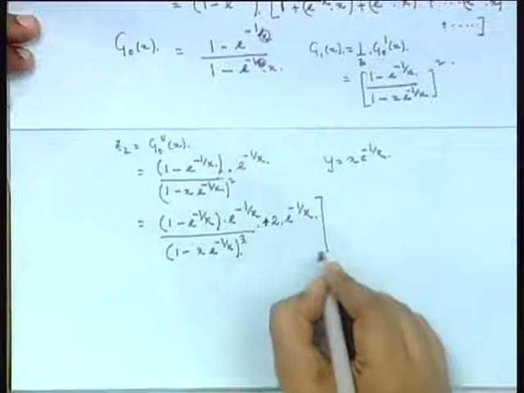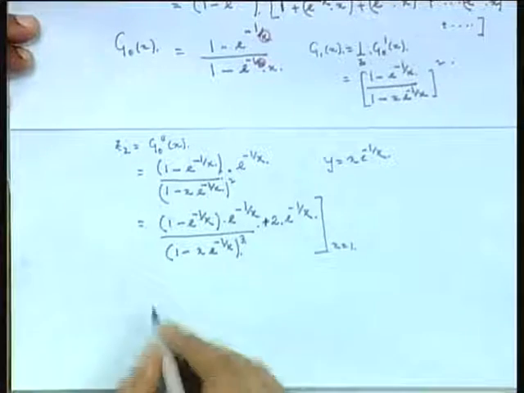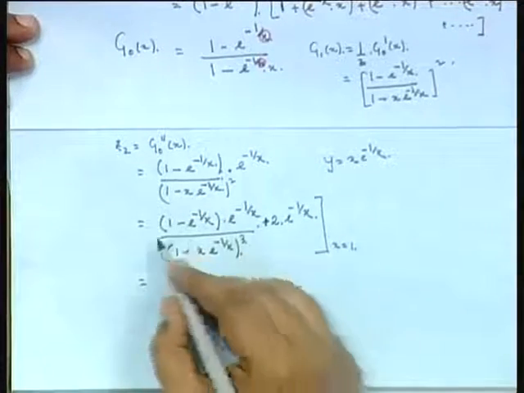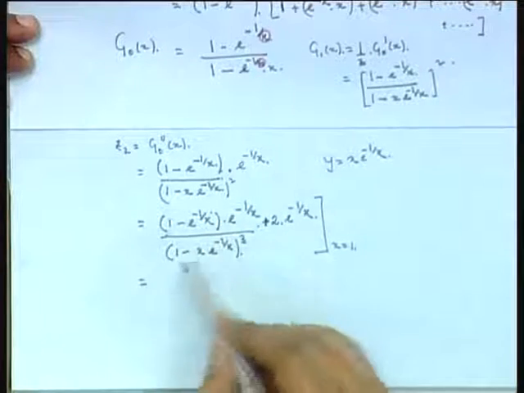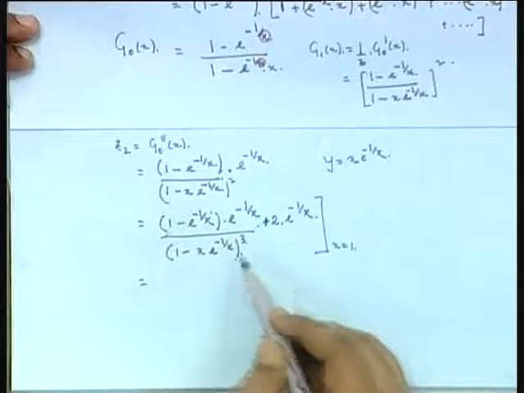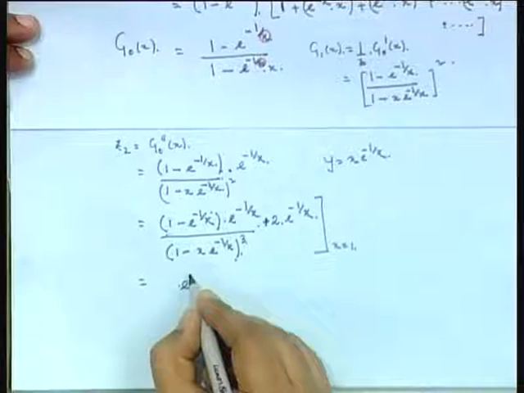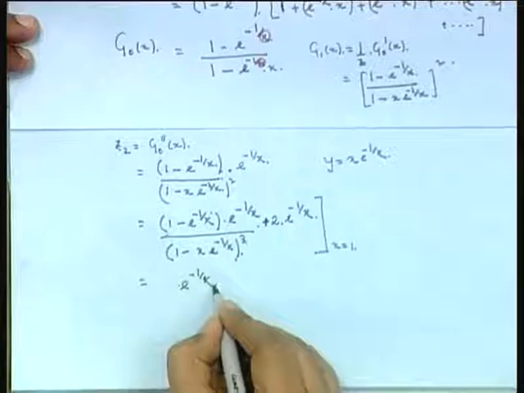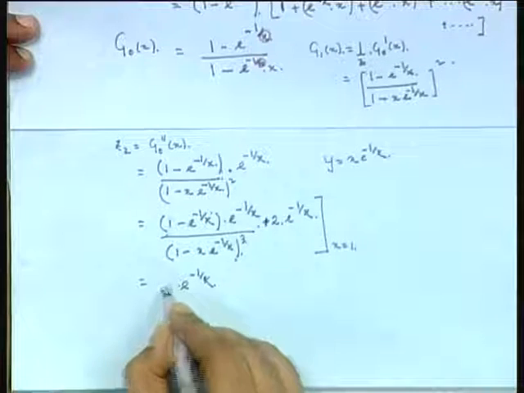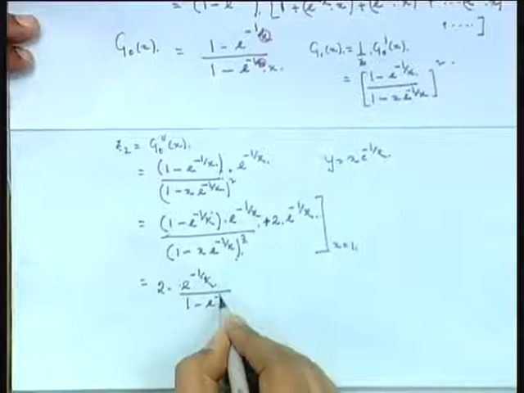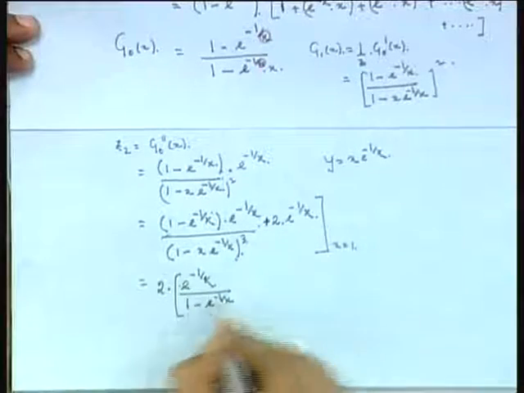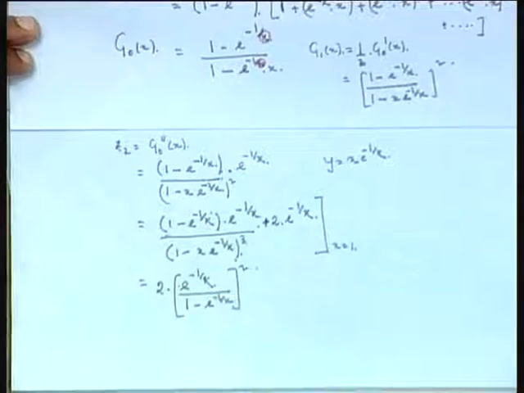So, at x is equal to 1, as soon as you make x is equal to 1, it at least vanishes. So, it will be e to the power 1 minus kappa, 2, 1 minus e to the power 1 minus kappa whole square.